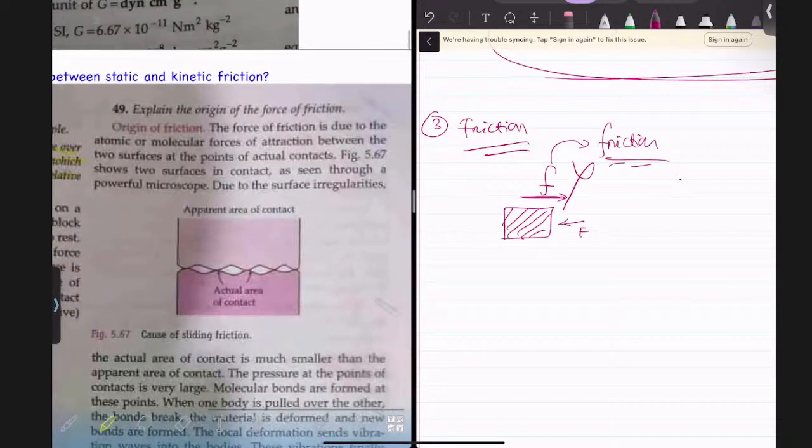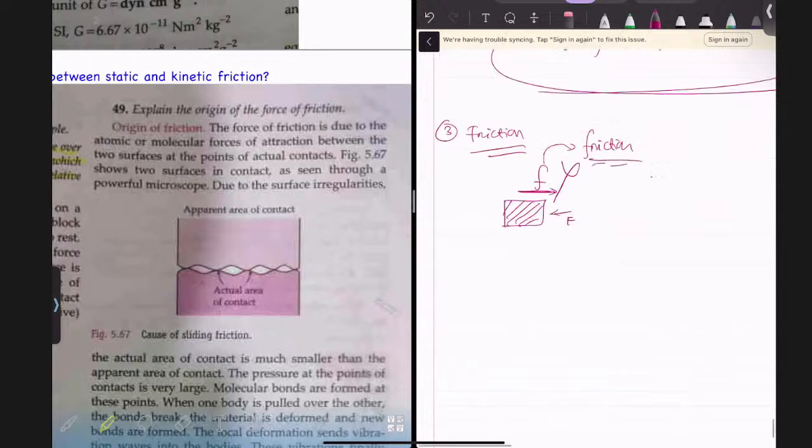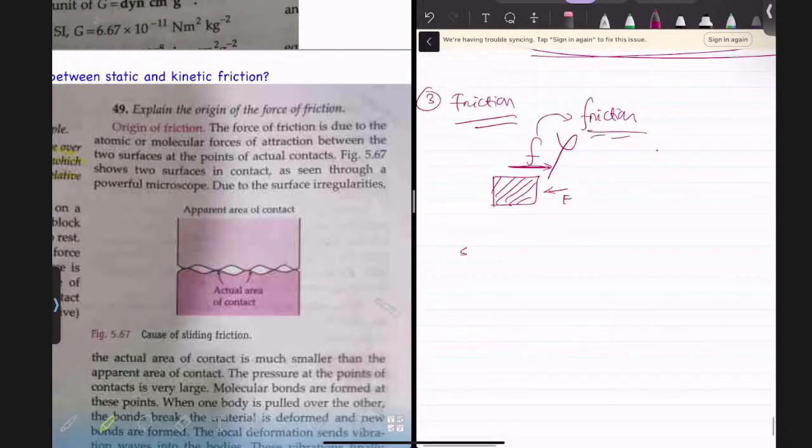So what is static and what is kinetic friction again? What is static friction and what is kinetic friction?